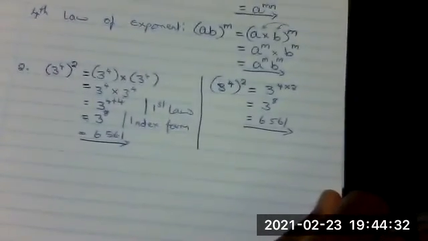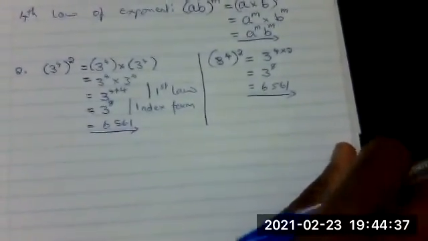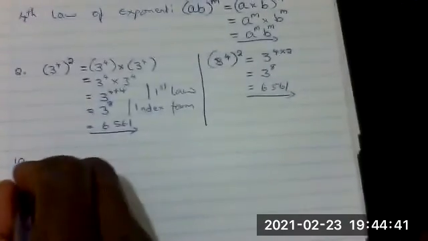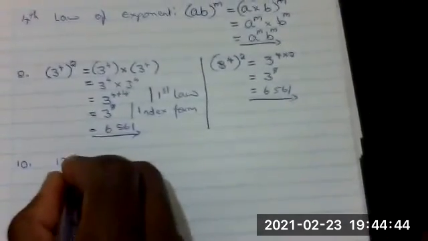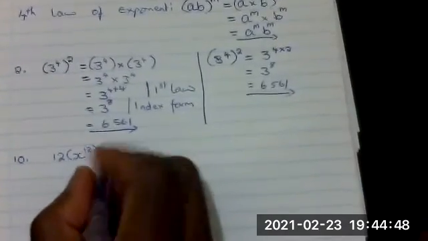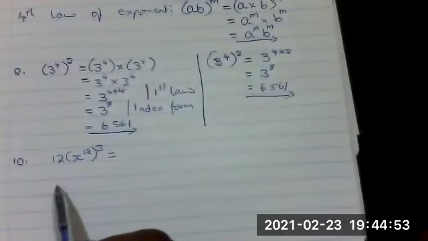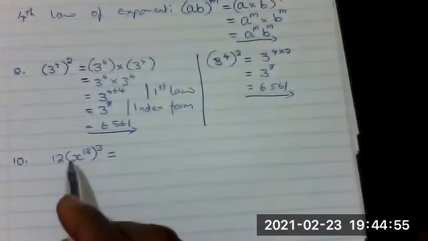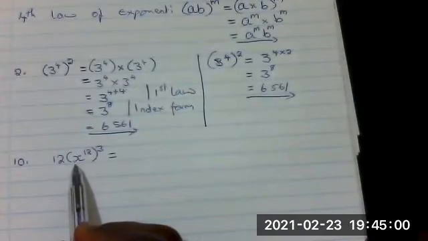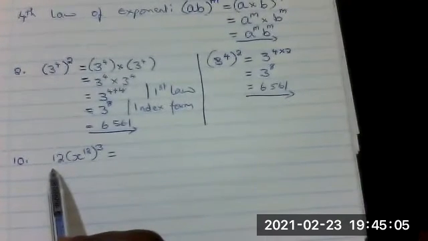Right. So in this case, we are looking at number 10, which is 12x raised to exponent 12, to exponent 3. Now you can see that the number having more than one exponent is the number in the bracket, which is x. 12 has exponent 1.